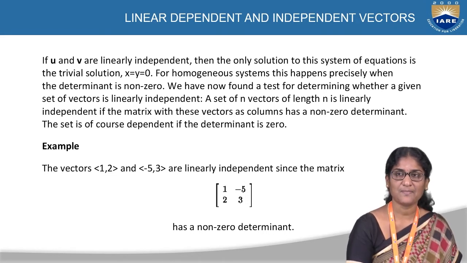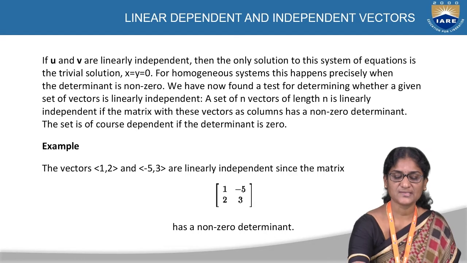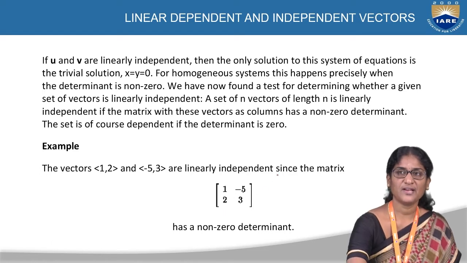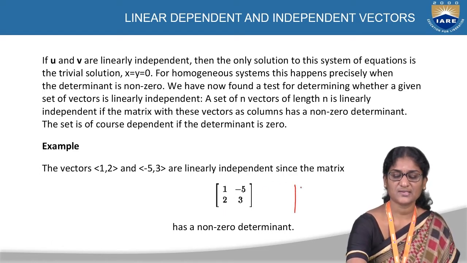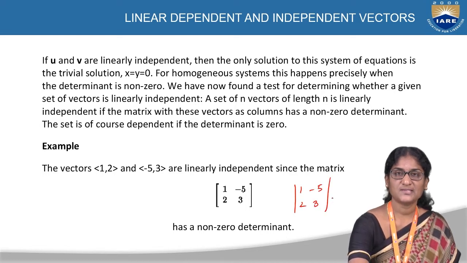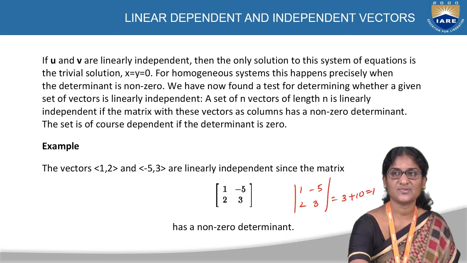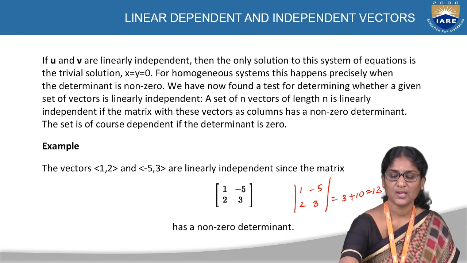I have taken an example. The matrix with entries 1, minus 5, 2, 3, which is non-zero, and we try to find the determinant of this matrix. It is just 3 plus 10, which is equal to 13, and which is not equal to 0. As the determinant is not equal to 0, these are not linearly dependent.